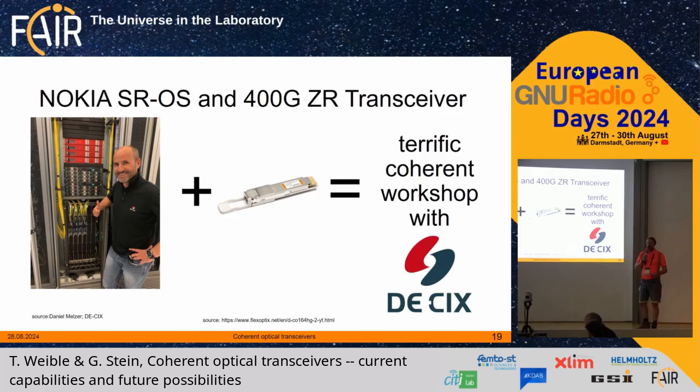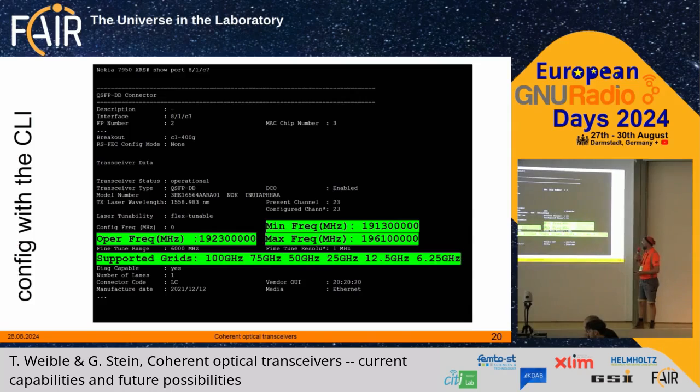So we plugged it in their routers and looked at the command line interface, basically how the operating system is recognizing those modules, and especially which new parameters we're going to see. So it was pretty simple. We were basically running a show port command on the Nokia operating system.